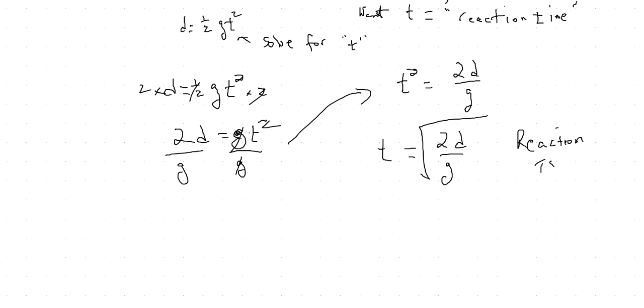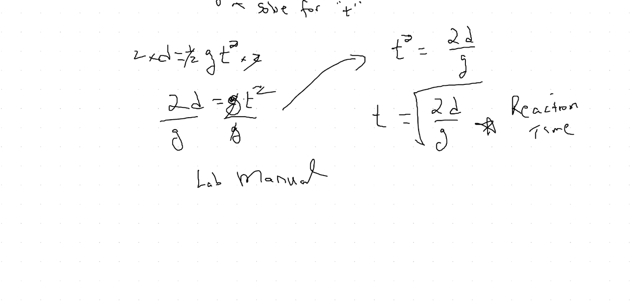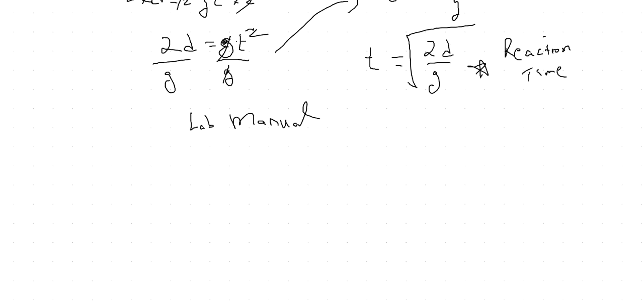Okay, now here's a side note. This is the reaction time. Now in the lab manual, this is what they do, and it looks a little confusing, so let me try to help you. When you measure D, it's going to be in centimeters.